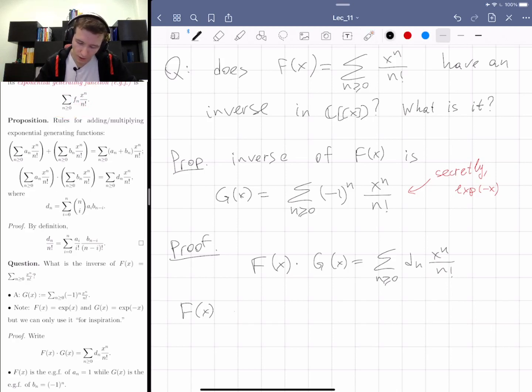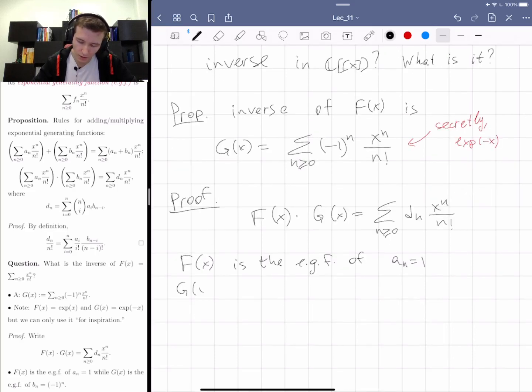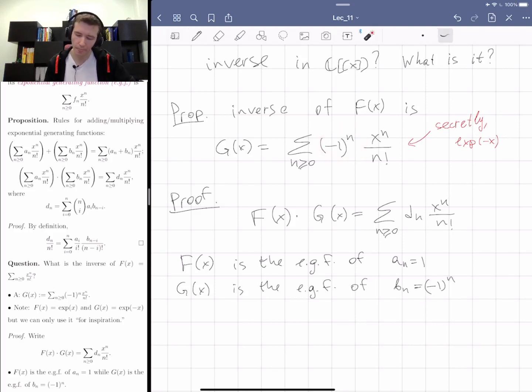Suppose f of x is the exponential generating function of the sequence of all a_n equal to 1, and g of x is the exponential generating function of b_n equal to (-1)^n. These are just the coefficients in front of x^n over n factorial.